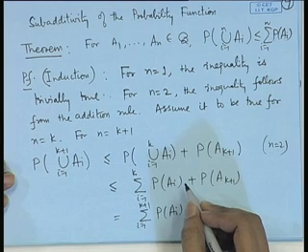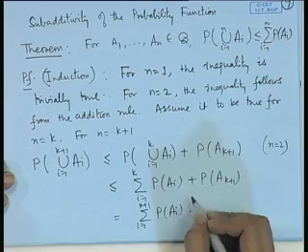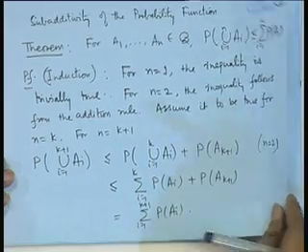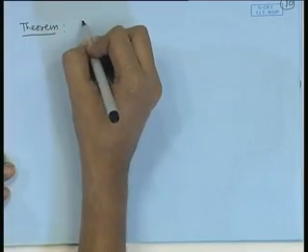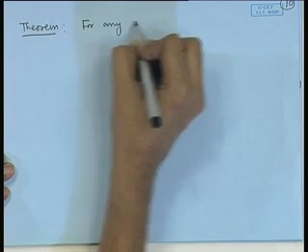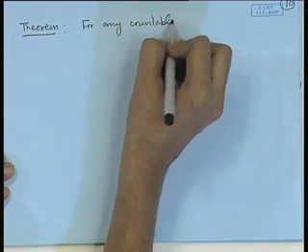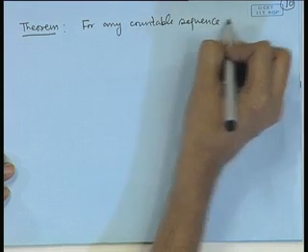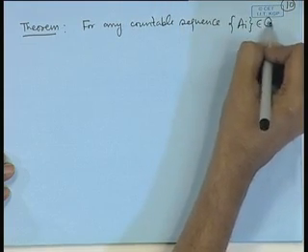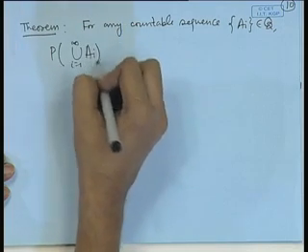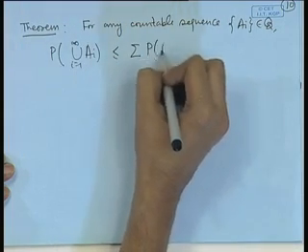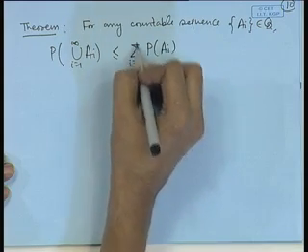Now if we want to prove the result for a countable number of these, then we can consider the decomposition. So if we have, for any countable sequence, say A_i in B, probability of union A_i, i is equal to 1 to infinity, is less than or equal to sigma probability of A_i, i is equal to 1 to infinity.